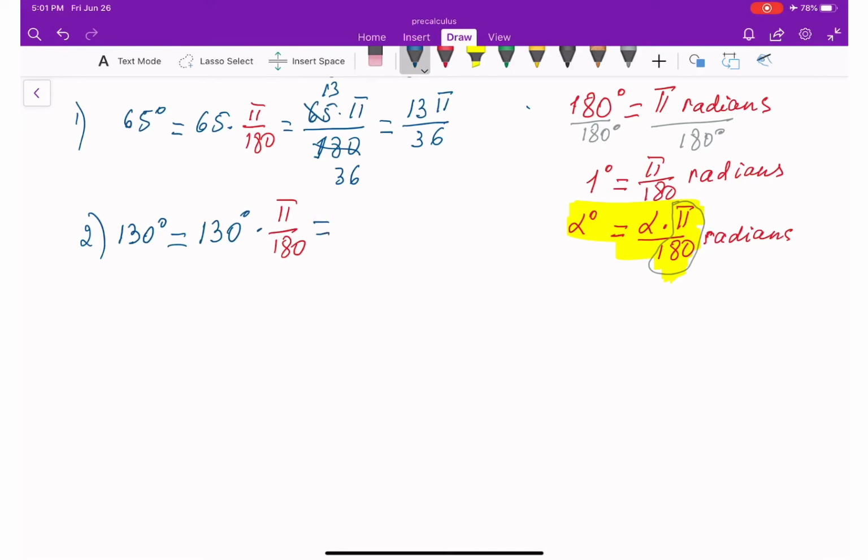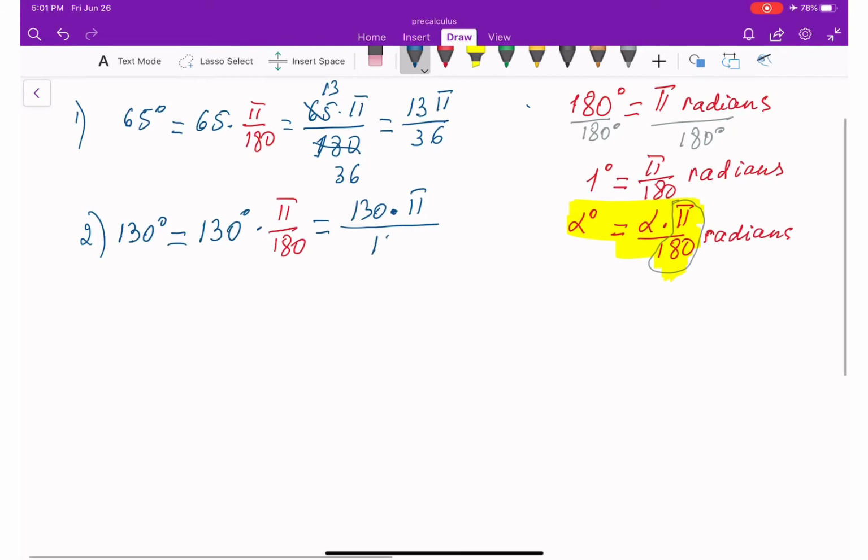This is equal to 130 times pi divided by 180. So first of all, this 0 I can cancel with this 0 with no problem. And then 13 and 18 I can't reduce by anything, so the answer will be 13 pi over 18.